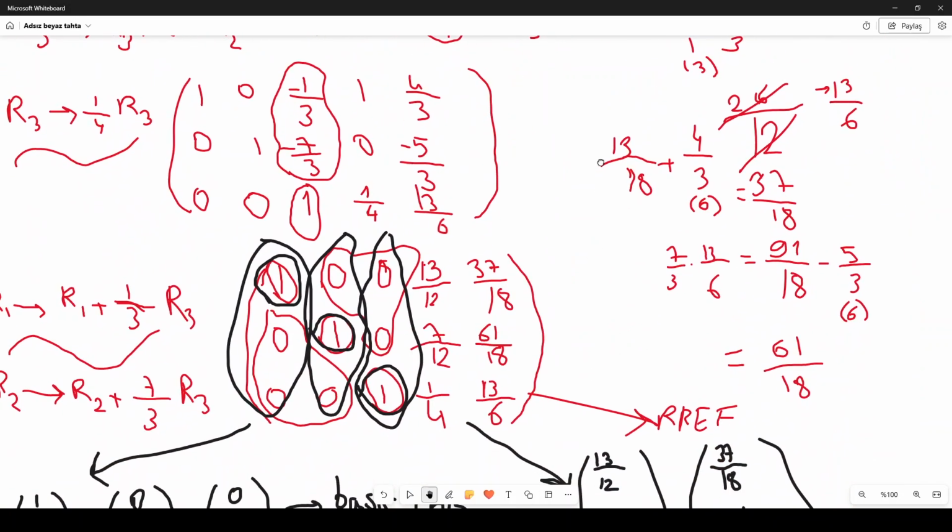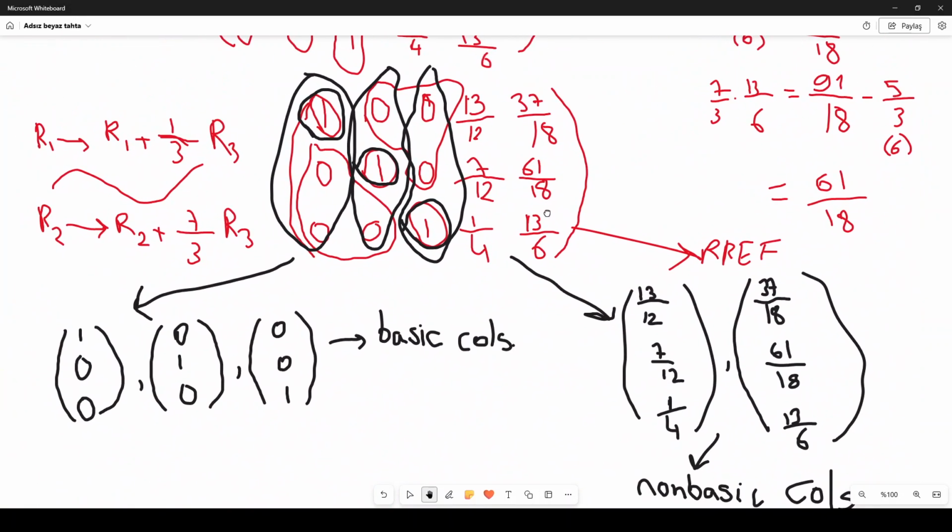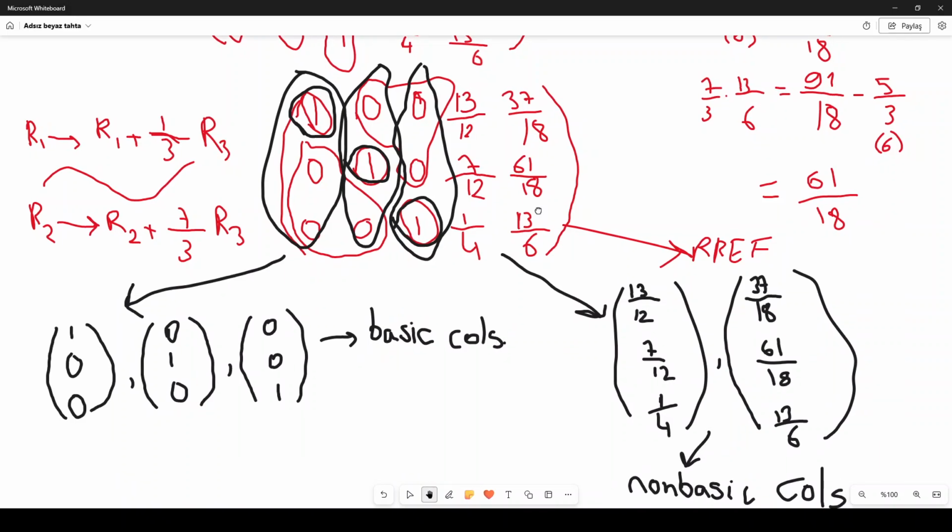Then, after obtaining the desired form, we check where the pivot elements are. In which columns do we have pivot elements? The columns that include those pivot elements are called the basic columns, and we extract them from that matrix.